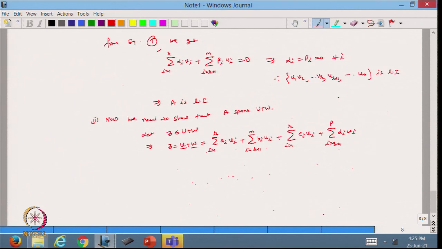So, u can be written as a linear combination of this one and w can be written as a linear combination of this one.